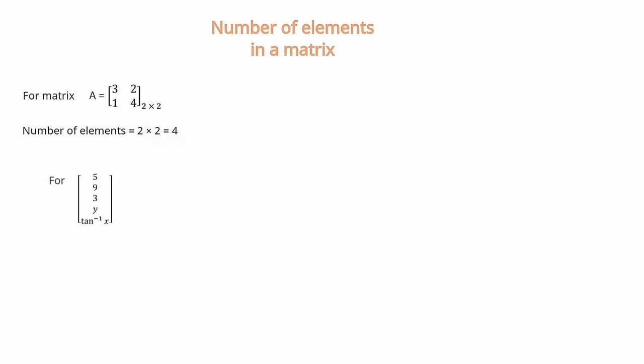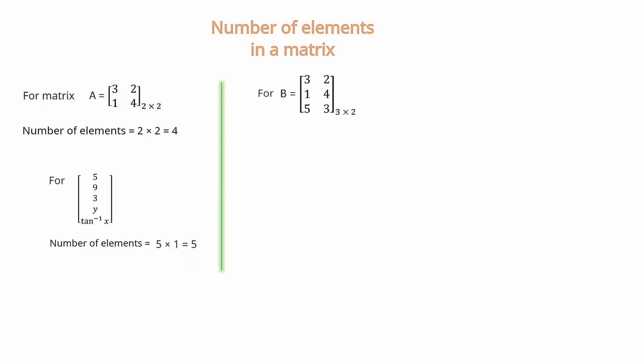Then for another matrix 5, 9, 3, y, tan inverse x, to find the number of elements, first we write the order. There are 1, 2, 3, 4, 5 rows and 1 column. That means 5 into 1 equal to 5.